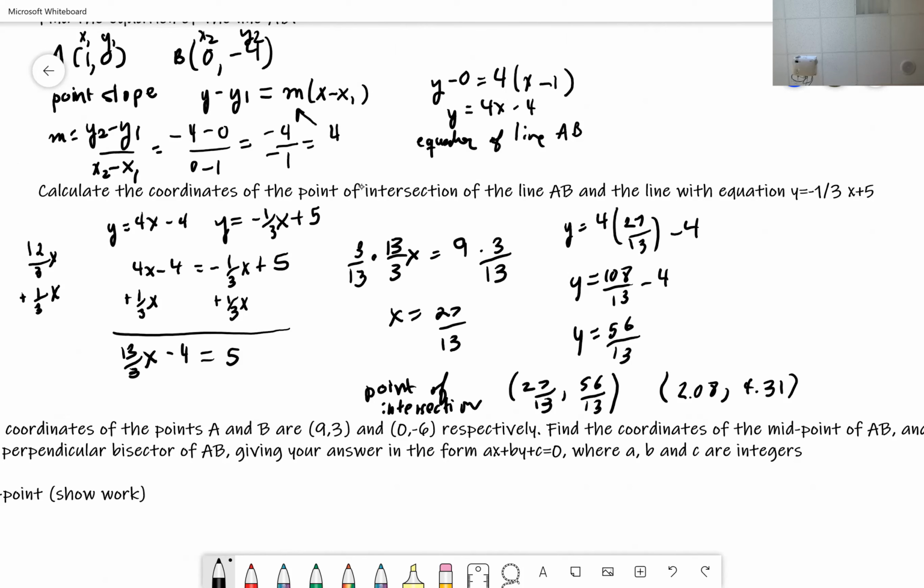So just to give you imagery of this, let's go to Desmos calculator quickly on the board. So if I put Desmos, calculator, and we put 4x minus 4.